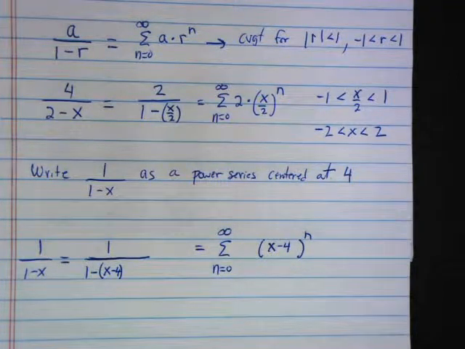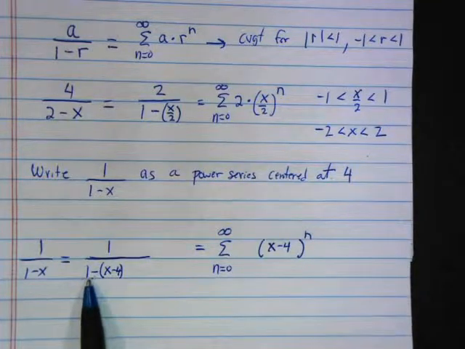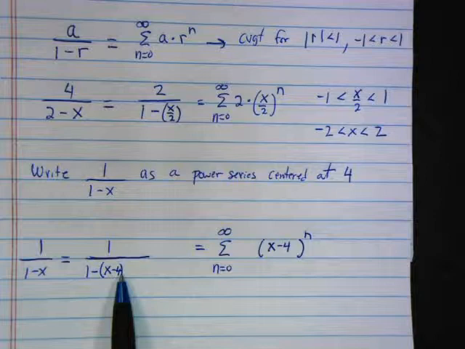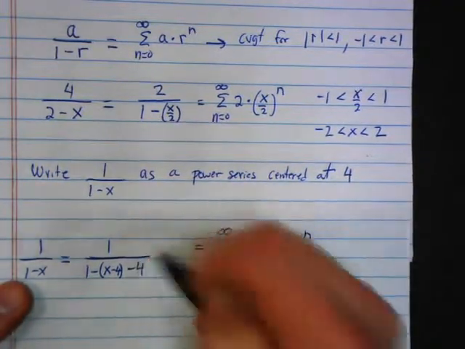Close. I actually need to subtract a 4. Why do I need to subtract a 4? Because you have 1 minus x minus 4. Because this minus 4 is inside this parentheses and it's going to minus out here. So what I've really done at this point to the bottom is I've really added 4. So if I add 4 to the bottom, I have to fix it by subtracting 4.